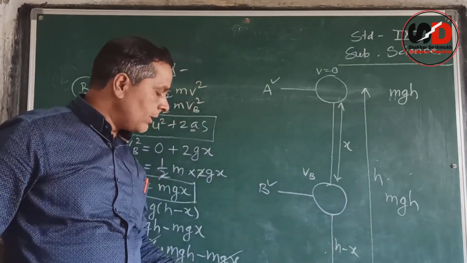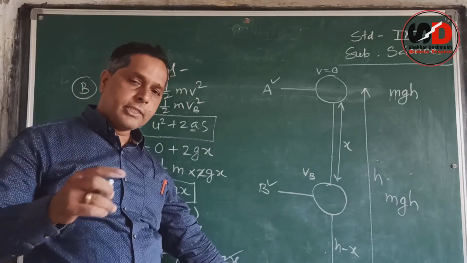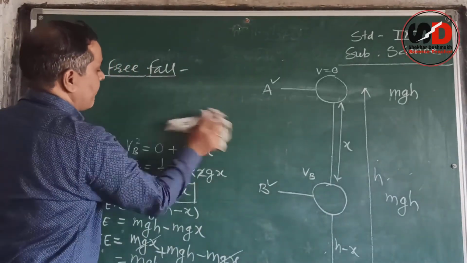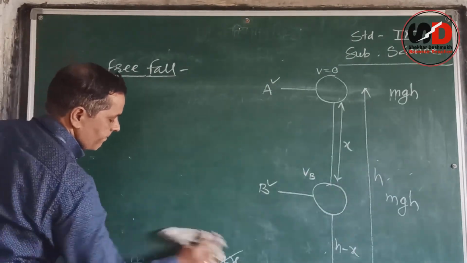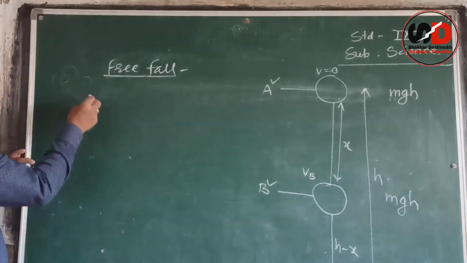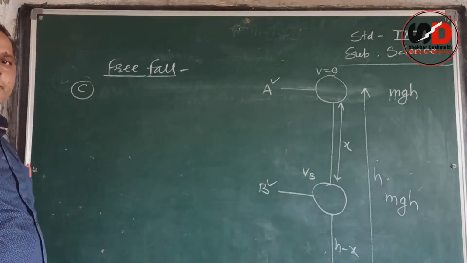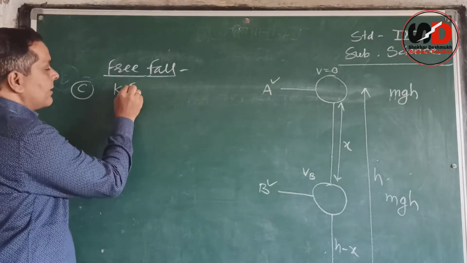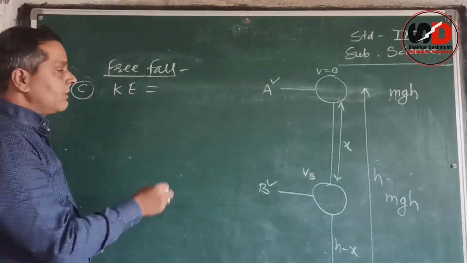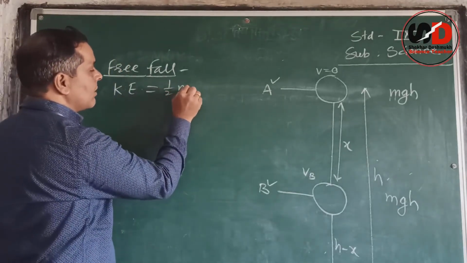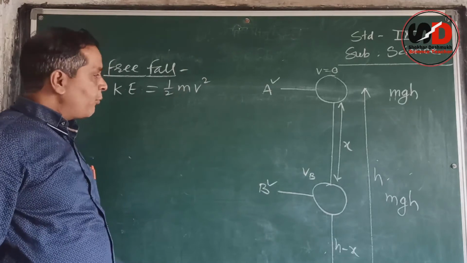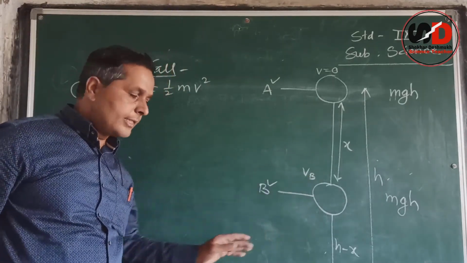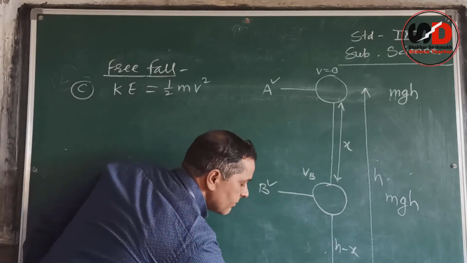Now let us calculate the total energy at point C. Let us first calculate the kinetic energy. Kinetic energy is equal to half mv square. Here at point C, the velocity continuously increases and becomes vc.